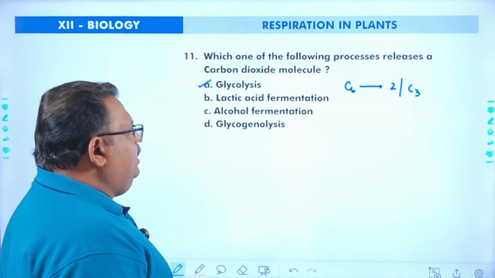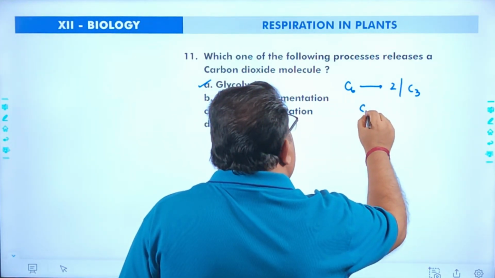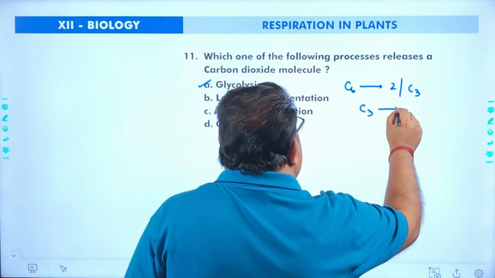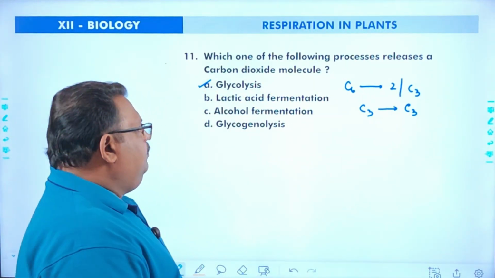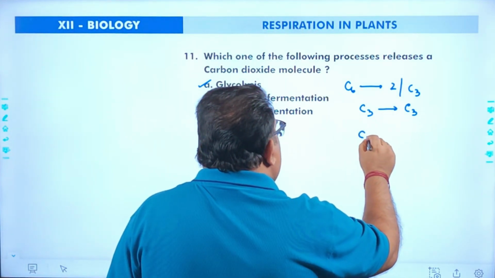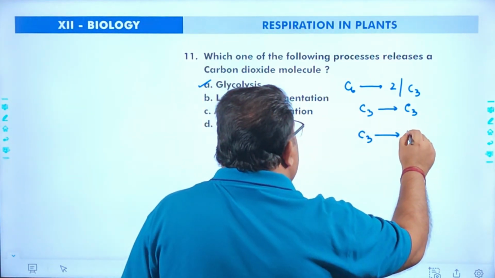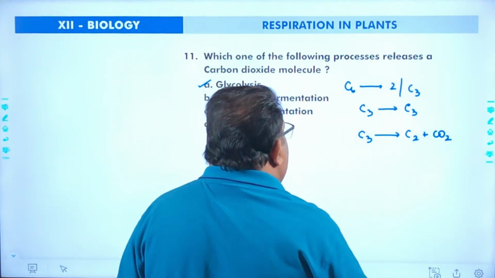In lactic acid fermentation, the pyruvic acid is converted into lactic acid. One C3 is converted to another C3. In alcohol fermentation, the pyruvic acid is converted into ethyl alcohol plus carbon dioxide.